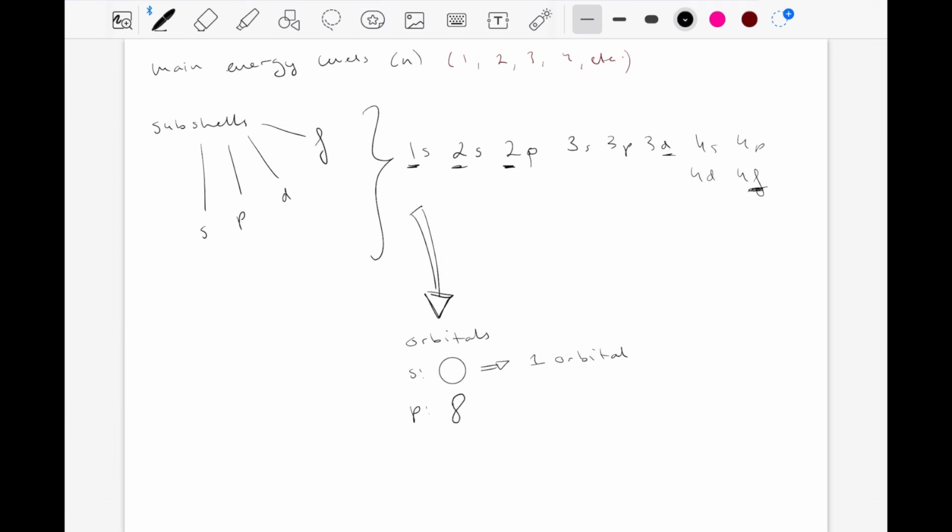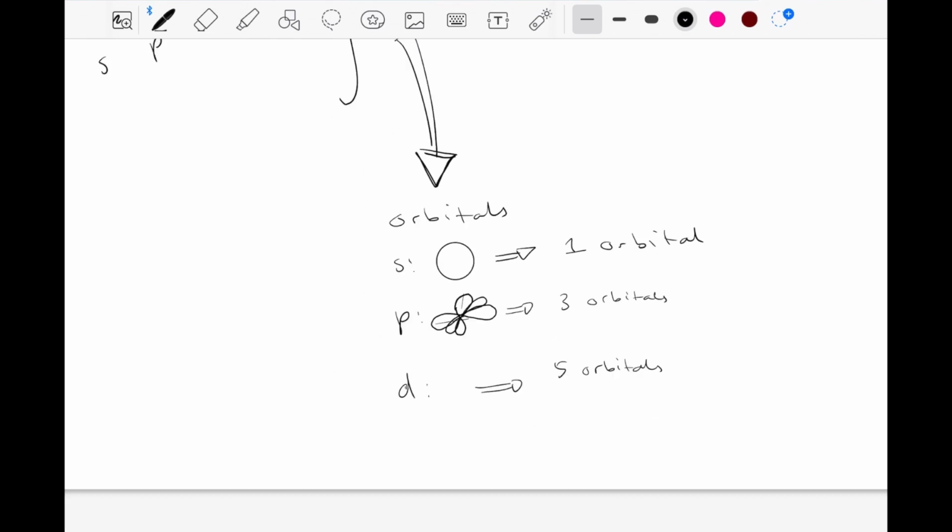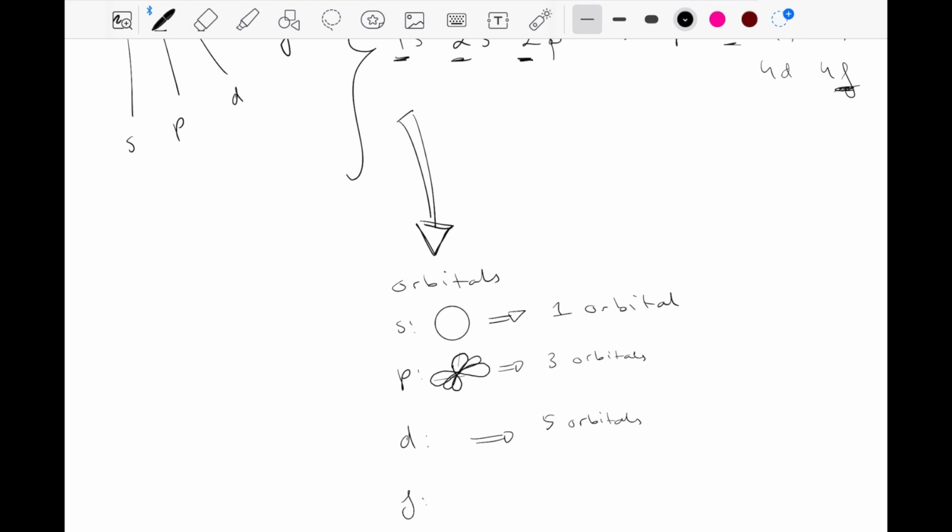It has one that goes like this, it looks a bit more symmetrical, but I'm sorry, we'll see a diagram in a second. It has one here, one here, and another one over here. So it has 3 orbitals. The D, I'm not going to draw it, has 5 orbitals. And the F has 7 orbitals.